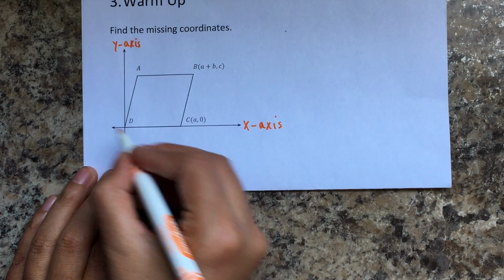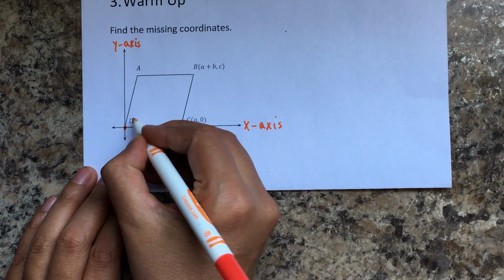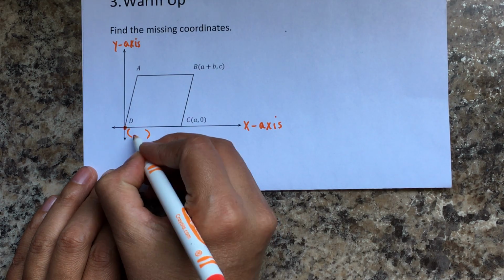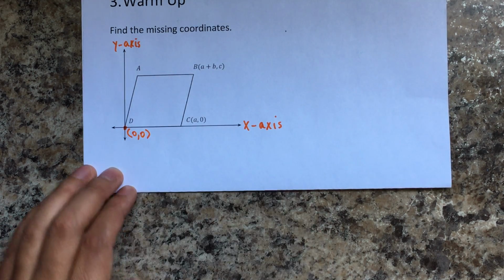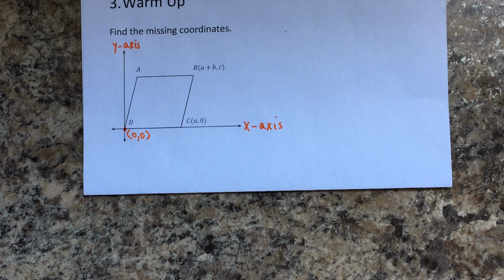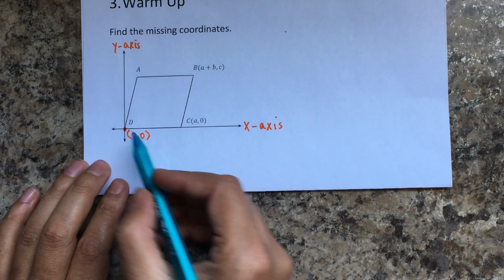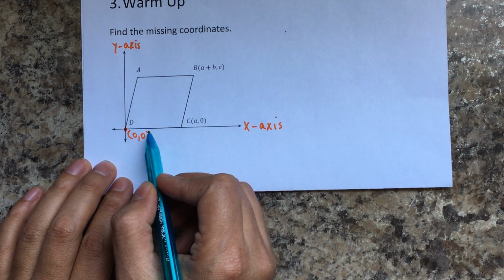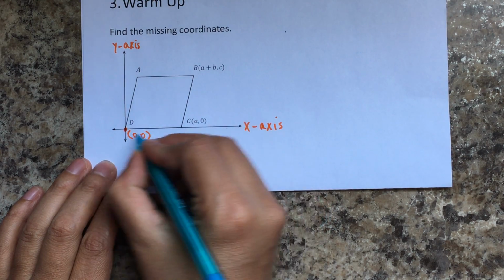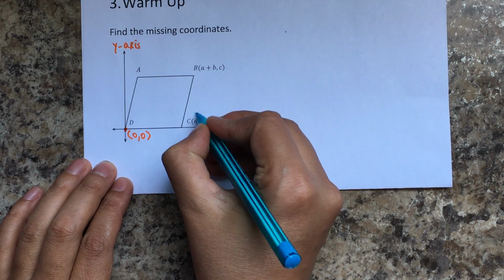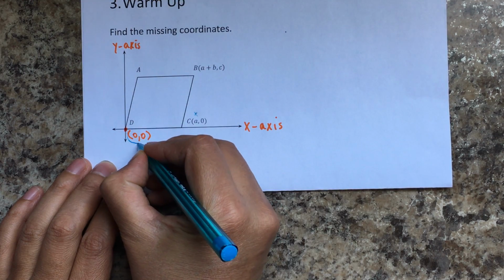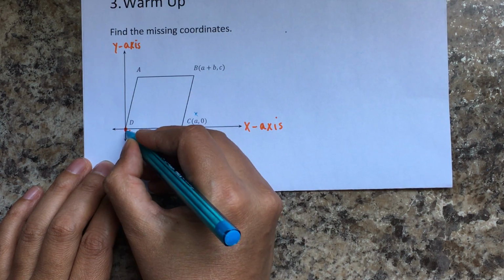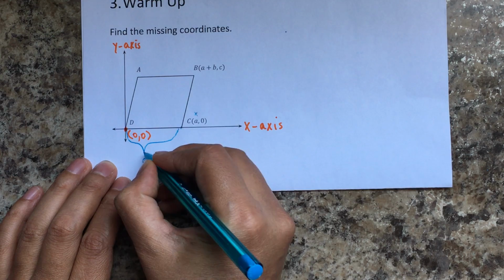But if these are the axes, this point D is exactly at the origin. So the coordinate is going to be 0, 0. Now, how can we know the distance of this side? Well, since this is x, this measurement is a certain distance that we don't know, but it is defined by the variable a.